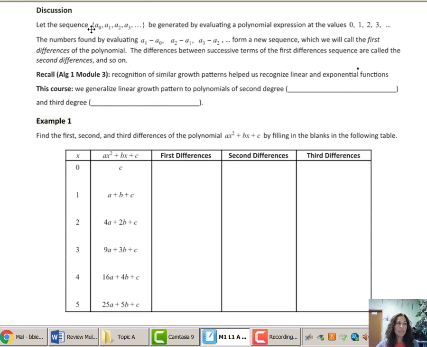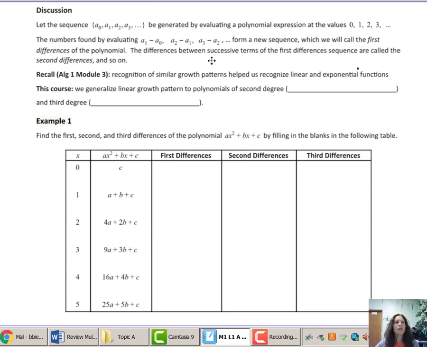So we have the sequence a sub 0, and you'll remember this from Algebra 1, a sub 1, a sub 2, a sub 3, and on and on. That can be generated by evaluating a particular polynomial at values of 0, 1, 2, 3, 4x. And those numbers are found by evaluating a sub 1 minus a sub 0, and then a sub 2 minus a sub 1.